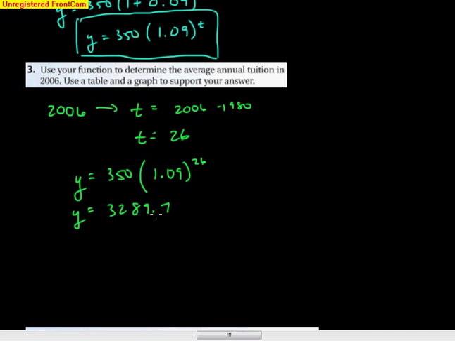So 3289.7, which is going to make that 9 round up to a 10, which makes that 8 become a 9. And this is $3,290. So that's how much the tuition should have grown from 1980 to 2006. It went from $350 to $3,290.